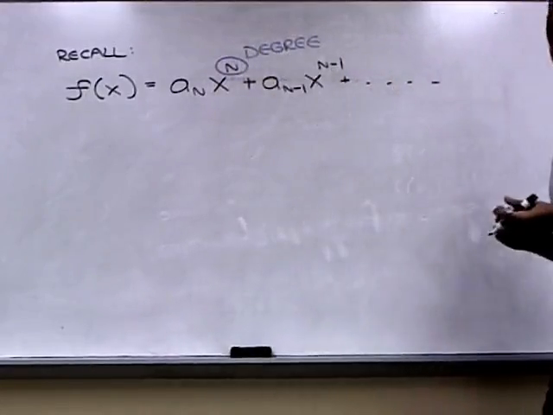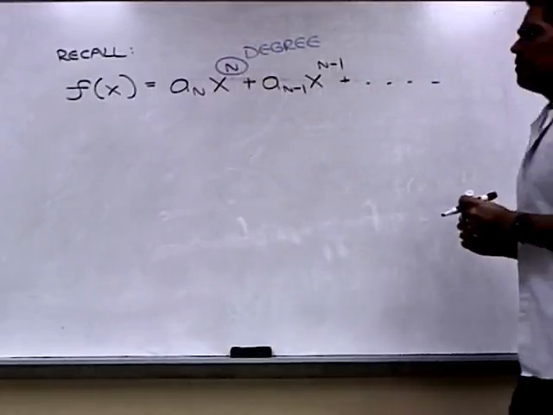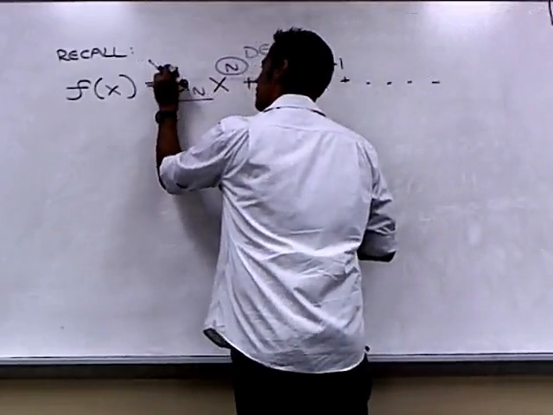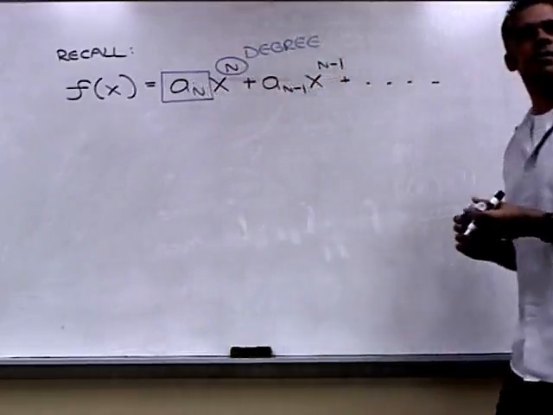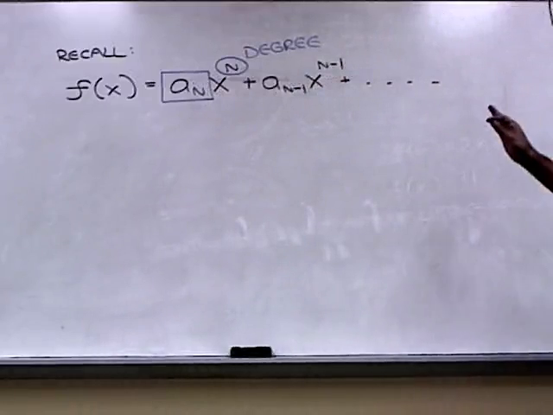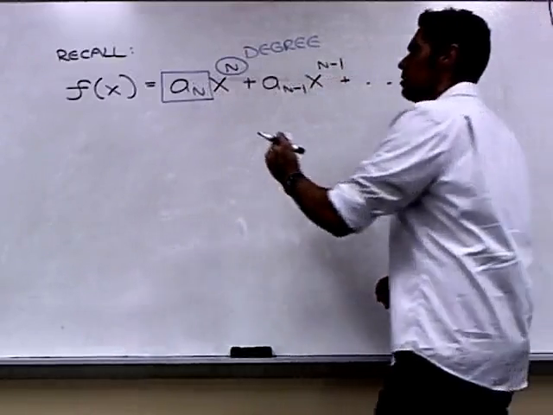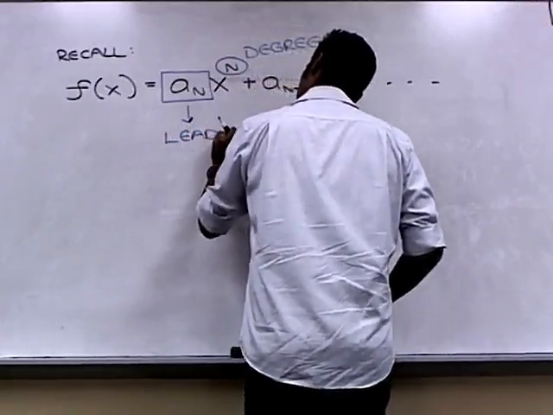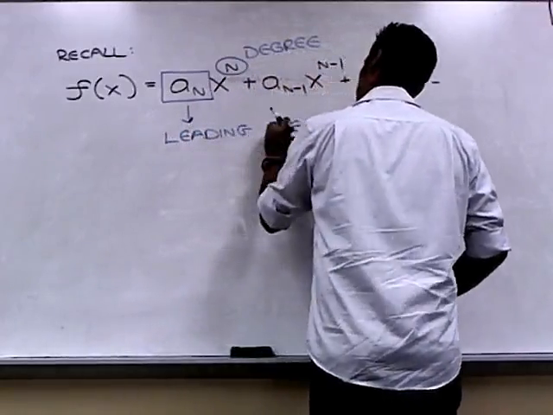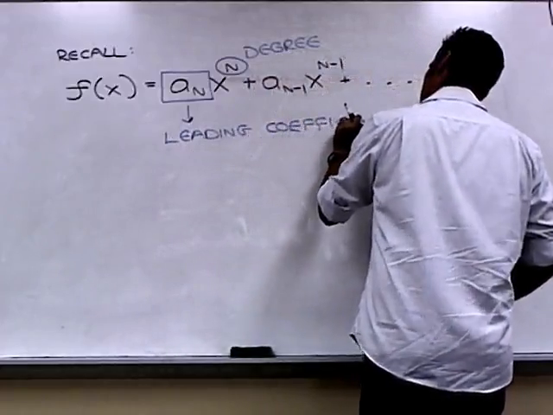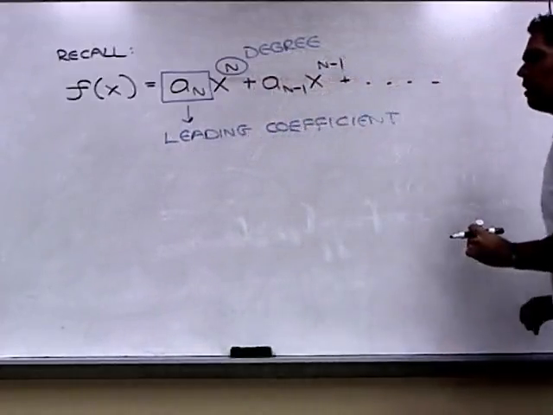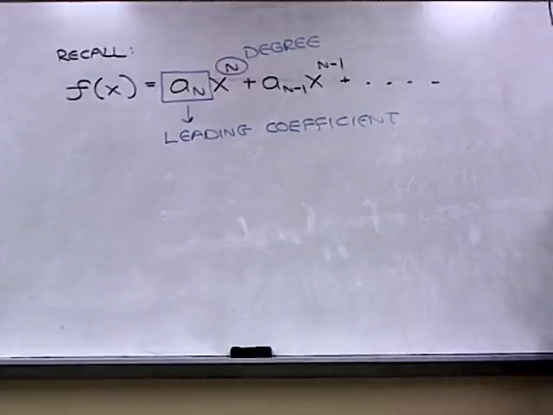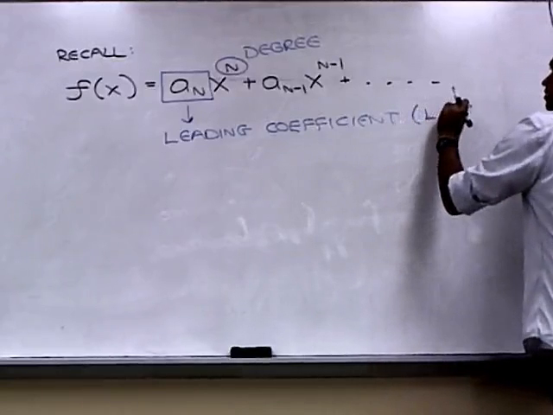This thing in front is a number, right? And it couldn't be 0. This right here is called the leading coefficient. Now, we don't like to write leading coefficient over and over and over, so we'll just call it LC from now on.